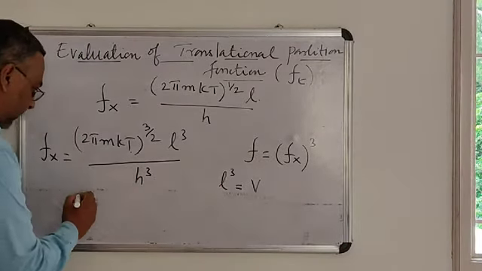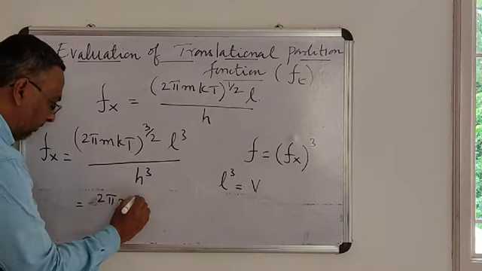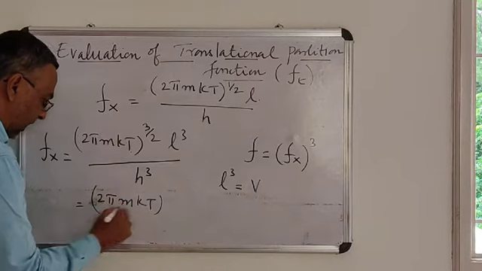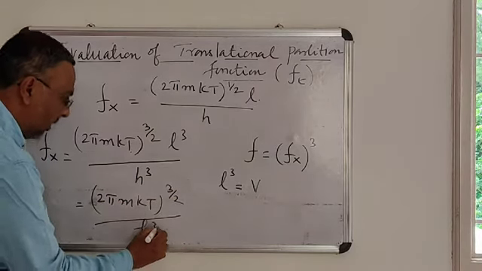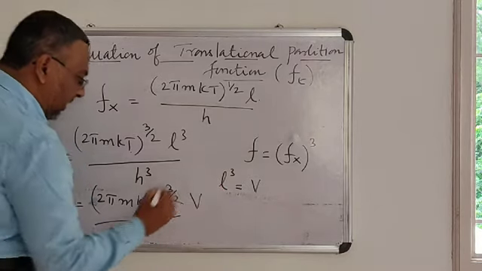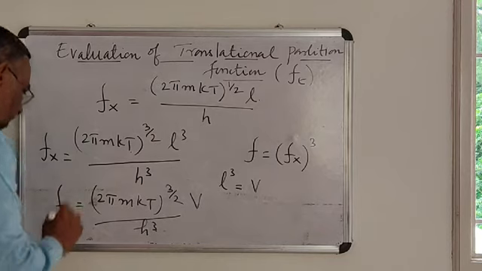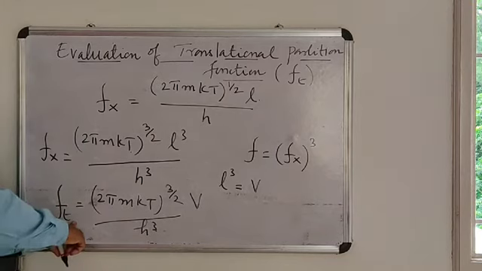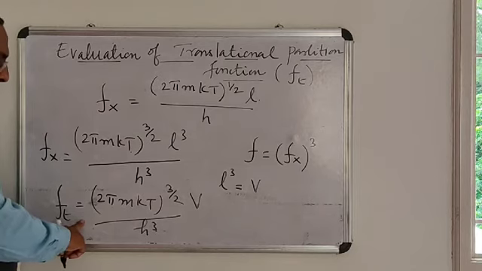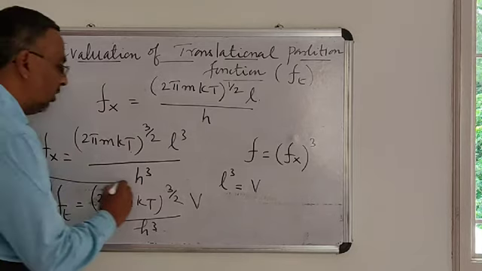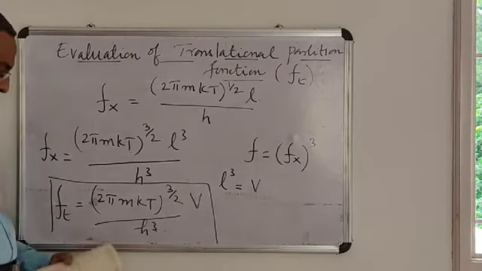So I can write this equation as (2 pi m kT) power 3 by 2 divided by h cube, and that L cube is nothing but V. So this is the total translational partition function due to translational motion of your molecules in all the three axes.